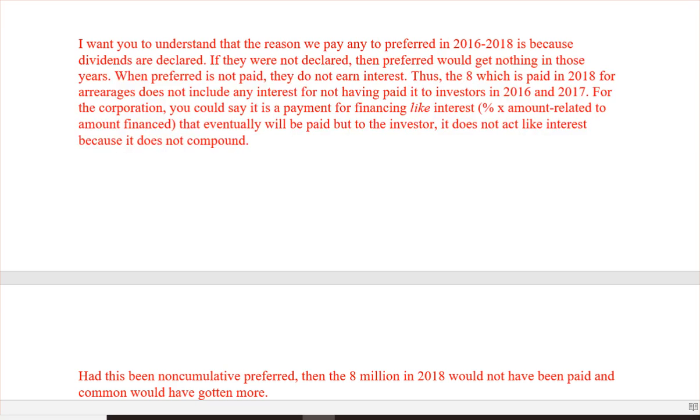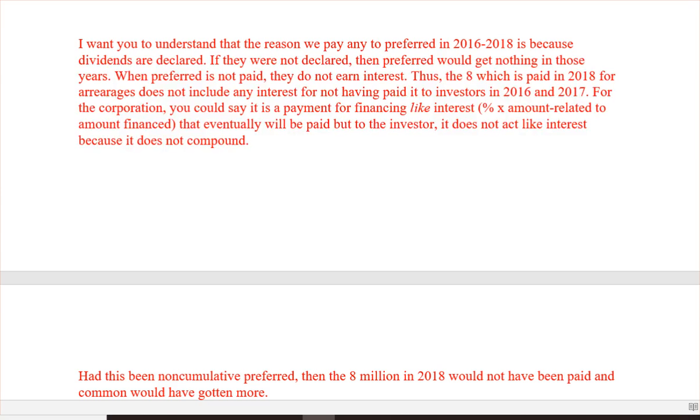So in a corporation, you tend to look at this and you say that this sort of financing is kind of like interest because it's a percentage times something. But it's not quite interest, is it? For the investor, it certainly is not an interest sort of thing because there's no compounding on it.